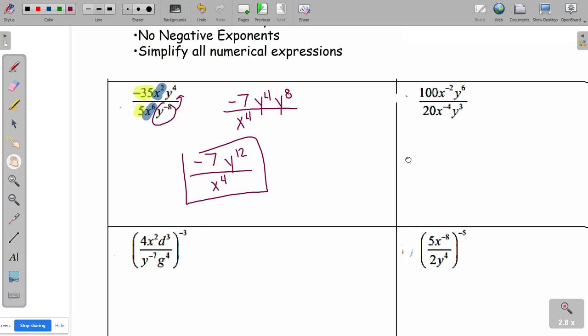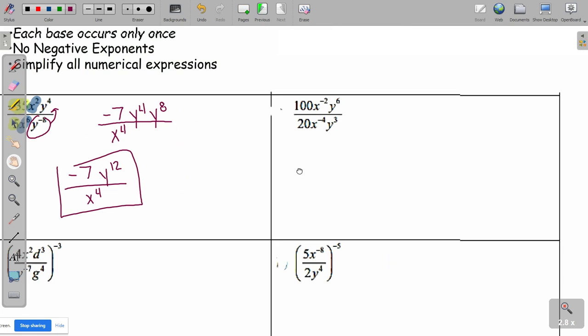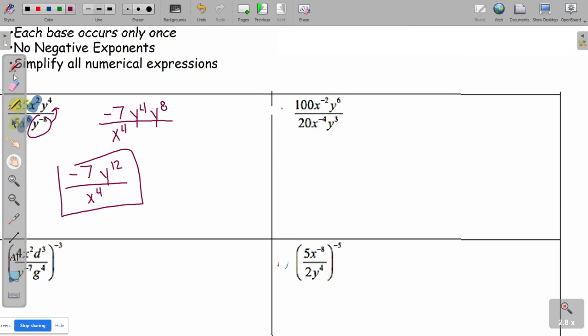Let's look at the next example here. First, simplify your coefficients. 100 divided by 20. 100 divided by 20 is 5. We have x to the negative second. That's going to the bottom.